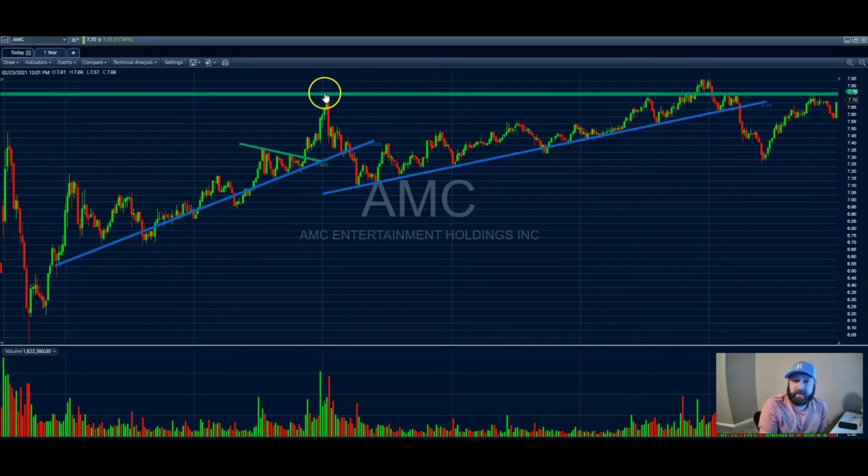Now, on an ascending triangle, you've got buyers that pushed it up to here, and then sellers sell it off down to here. Now, this one's not a great example of this. I would like to have had one more time where the buyers push it up to the same point. You had the same amount of buyers, which you eventually did.